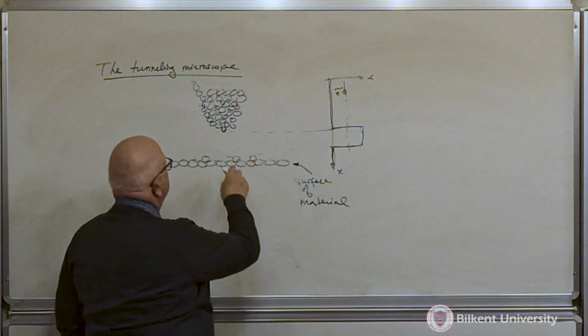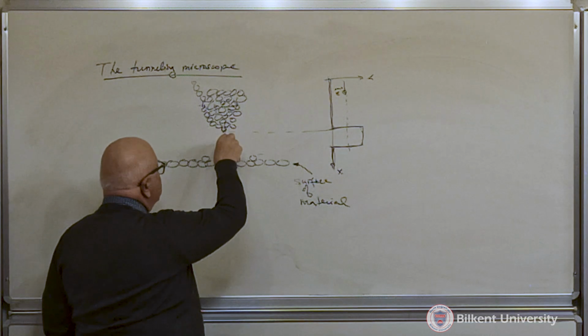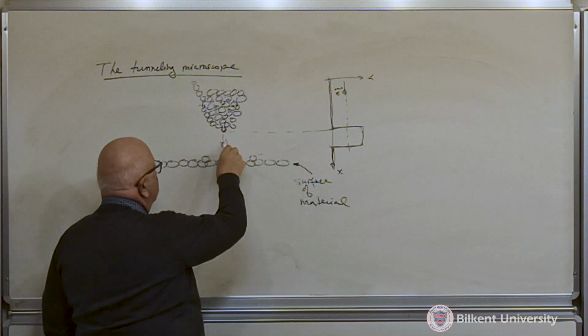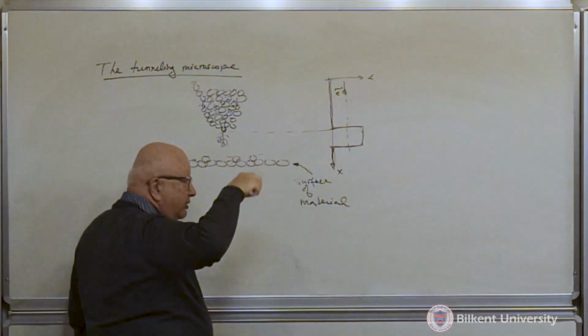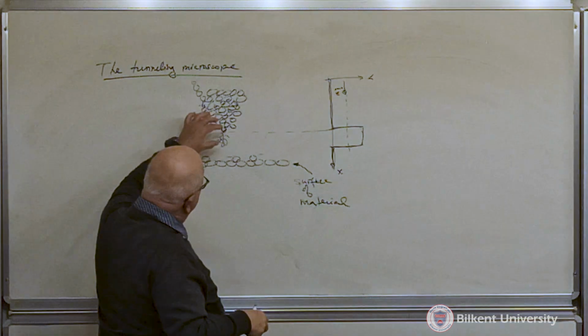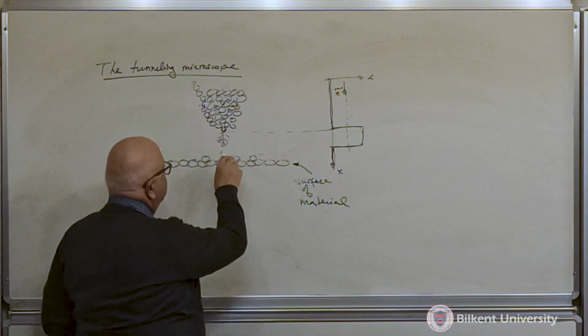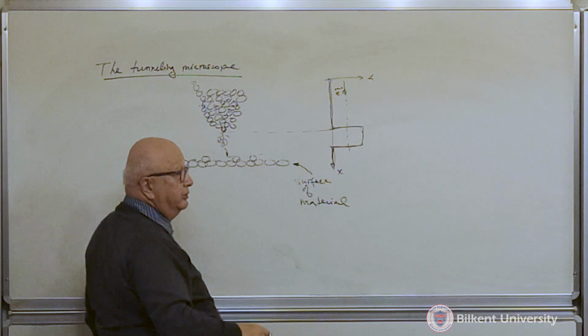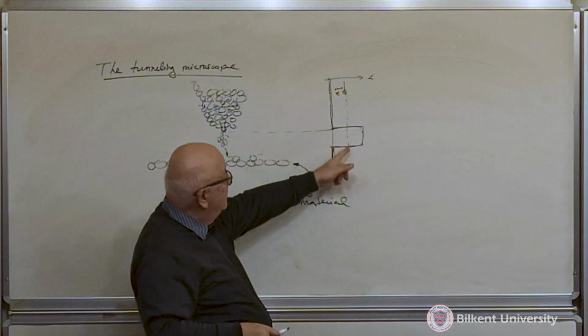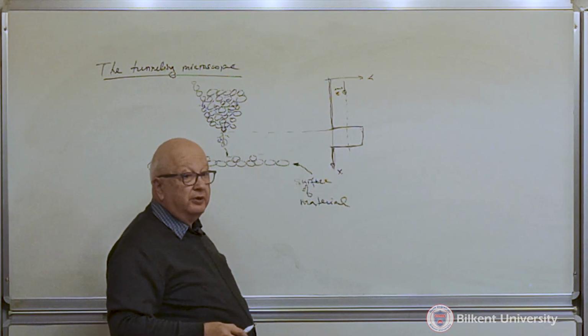So you bring this down very slowly, using these piezoelectric transducers. You bring it very slowly towards the surface until a current starts to flow. That current is the tunneling current through the barrier.